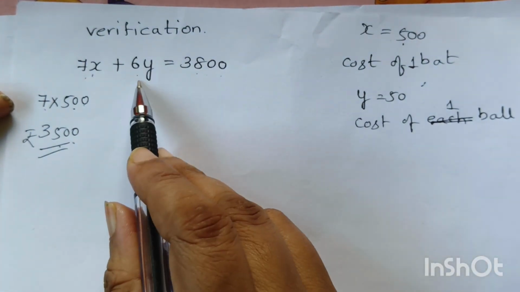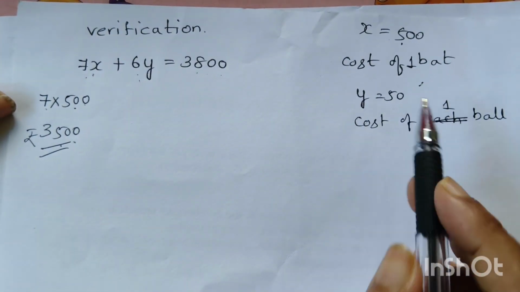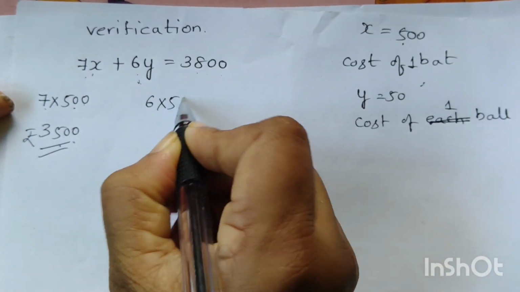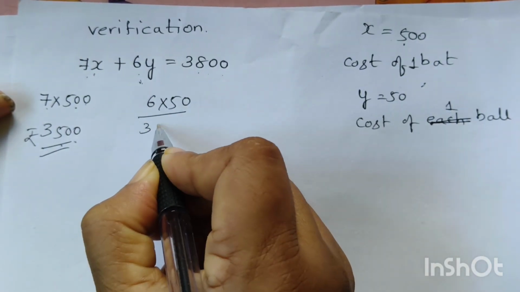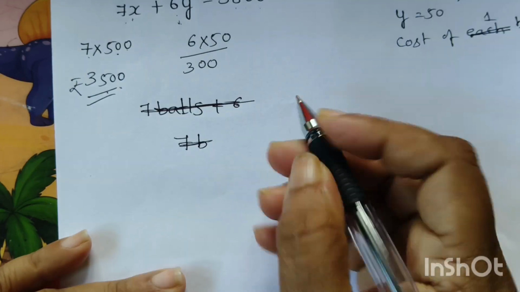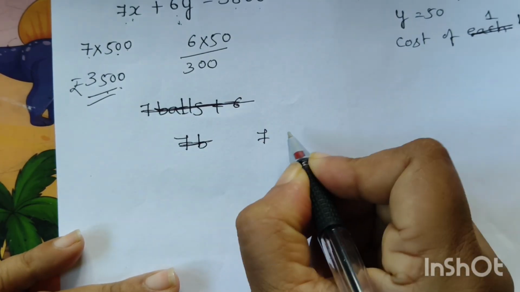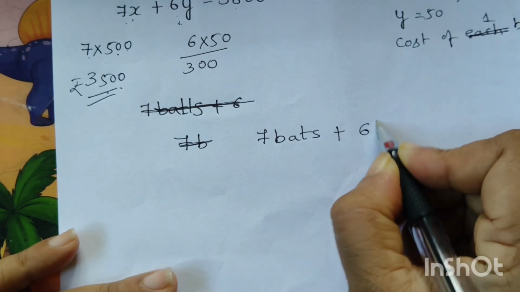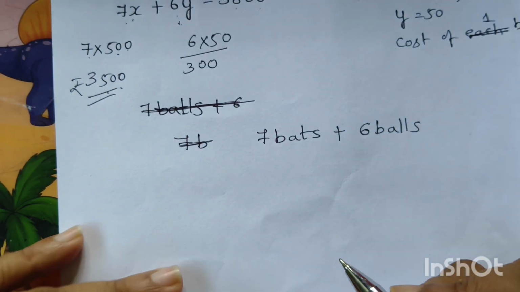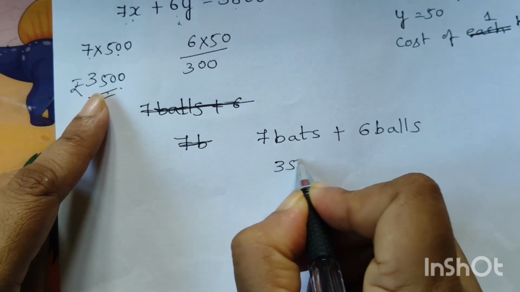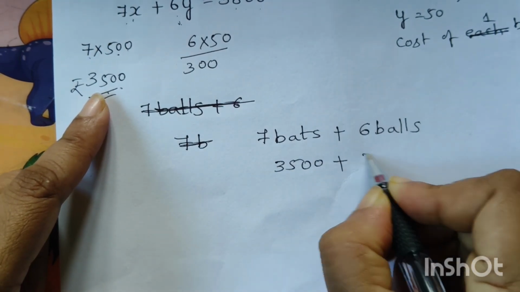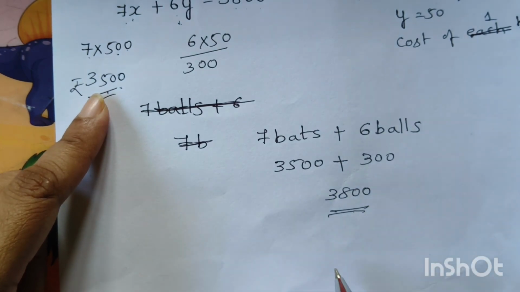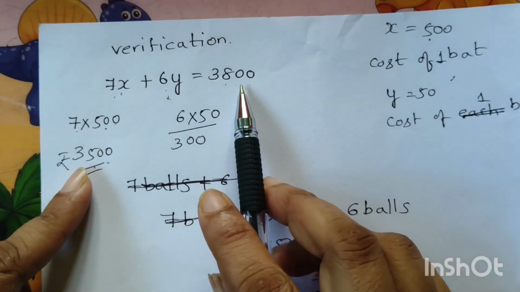And for one ball, 50 rupees. But how many will he purchase? 6 balls. Therefore, 6 into 50 is how much? 300. Therefore, for 7 bats and 6 balls, 3,500 rupees plus 300. Total how much will he pay? 3,800. Correct? Therefore, our first equation is verified.